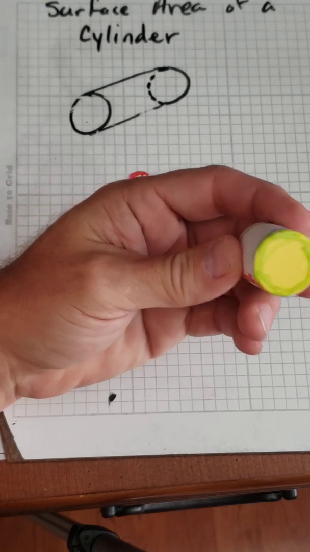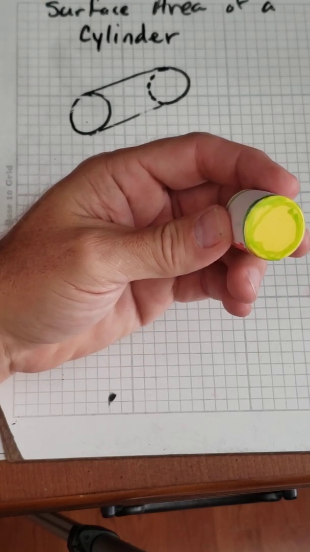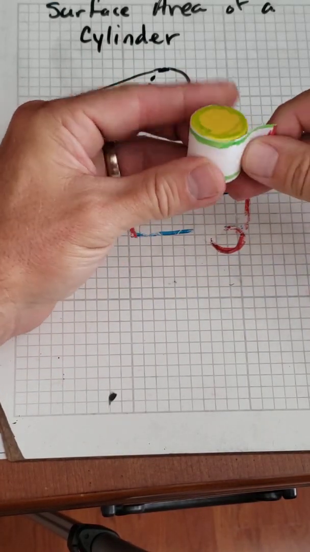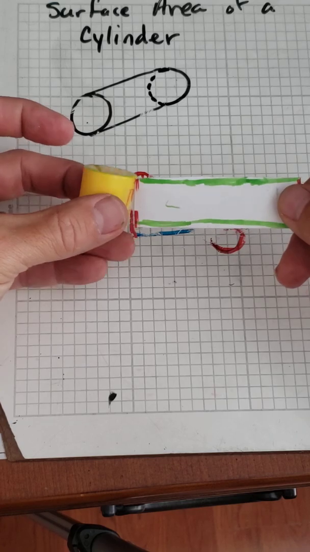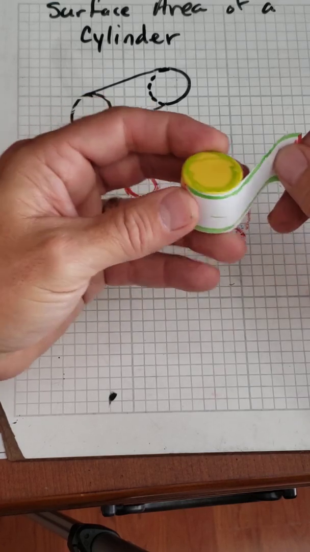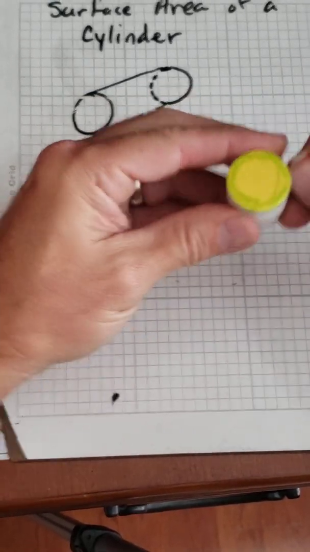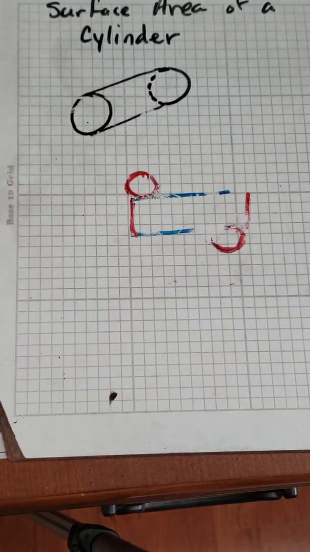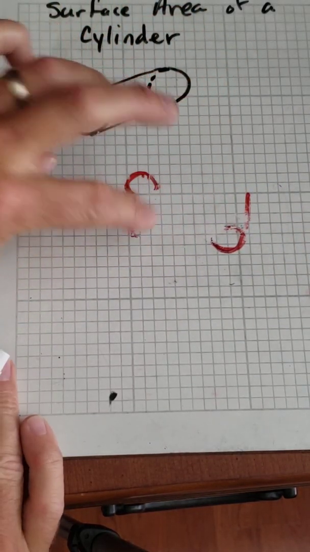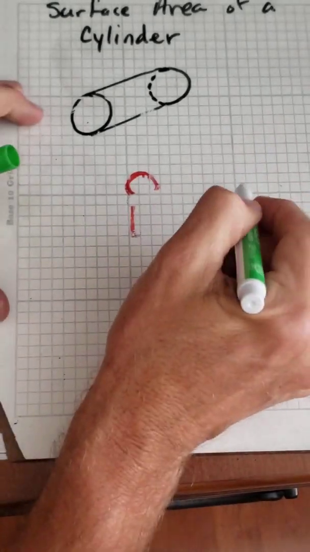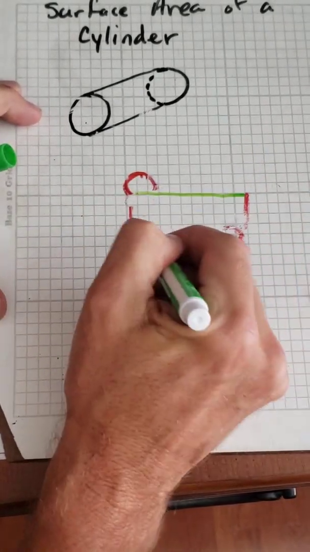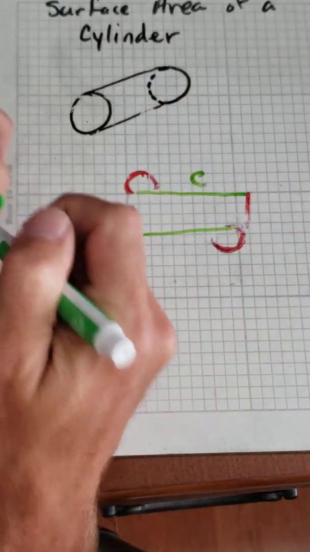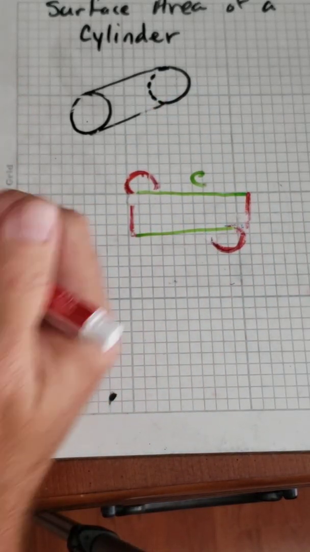That part of a circle is called the circumference of the circle. So the length of this green line is equivalent to the circumference of that circle. If I can find the circumference of that circle, then I can find the length of that green line. So this green part that I was just drawing on is the circumference of this red circle.